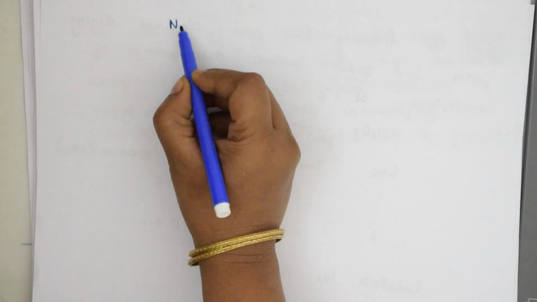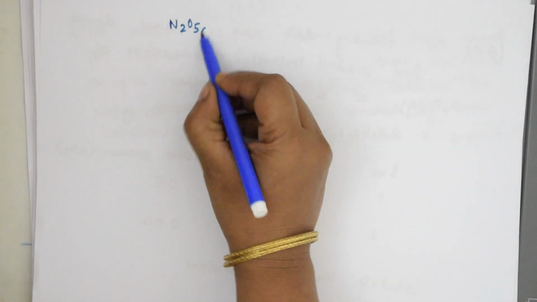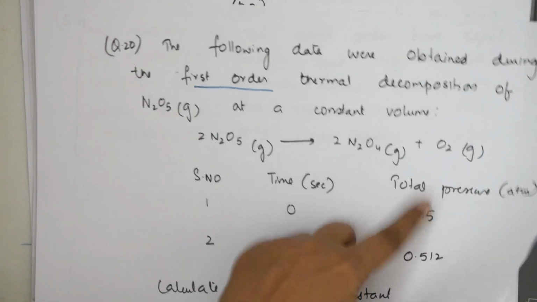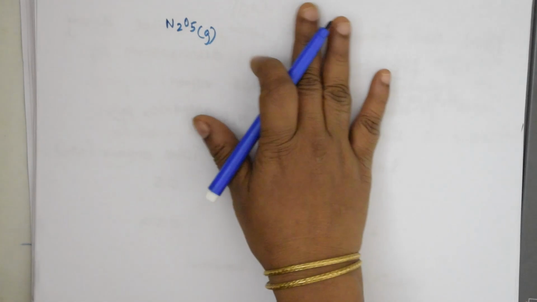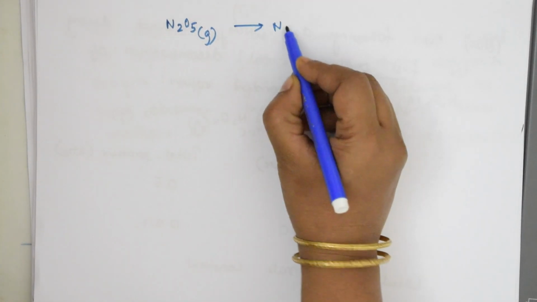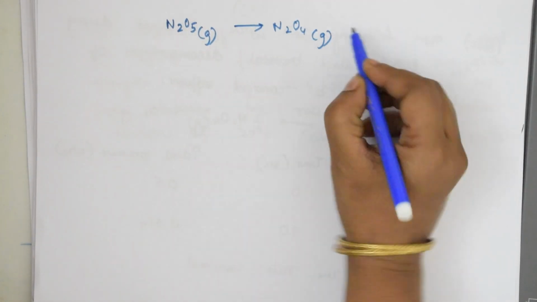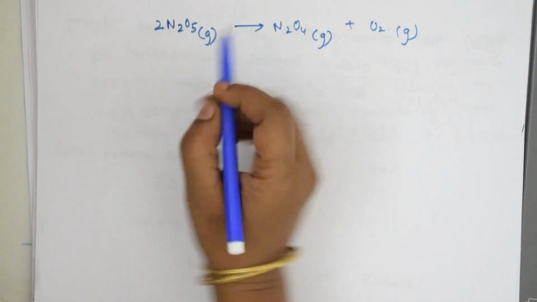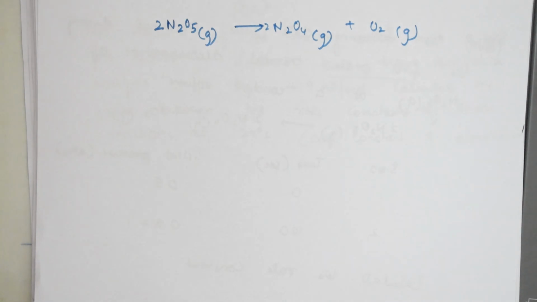First of all, they've given me N2O5, that is in gaseous state. They said it's dissociating into N2O4 and oxygen. Let us write that. It's dissociating into N2O4 gaseous state plus oxygen gaseous state. Now balance the reaction. This is 2, this is also 2. Done.